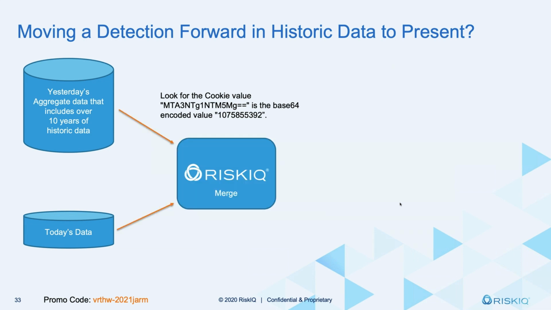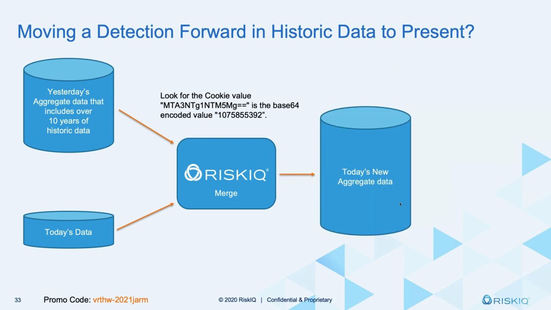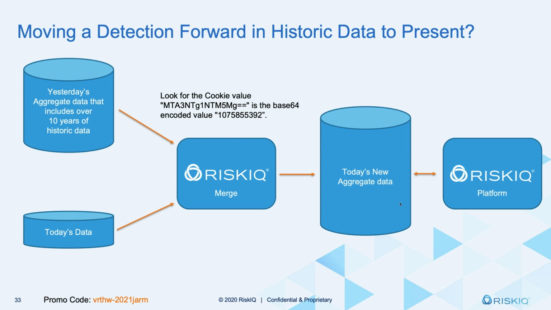When we merge it in, we go through the data, pull out this new unique identifier, and classify it going back to the beginning of time, and make that today's aggregate that everyone's going to see and use. So if we find something, we can go back in time and find those new relationships and link them all together, which you couldn't do before.